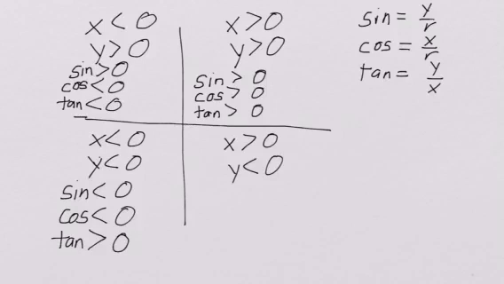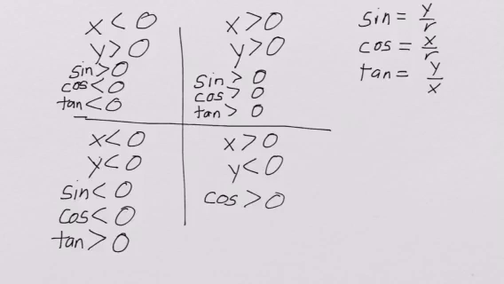Then finally, in the fourth quadrant, we've actually done all of the work for this somewhere else. Because x is positive, the only other spot that we dealt with x being positive is the first quadrant. And in that case, when we look at what depends on x, the cosine, the cosine is positive. The sine, we are dealing with y.